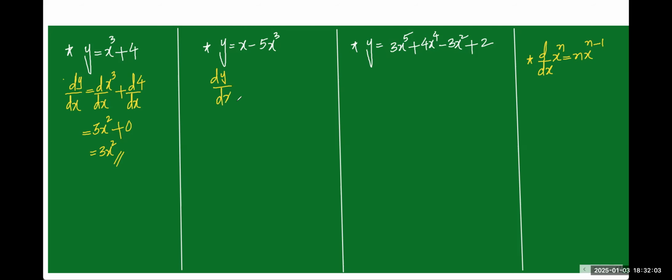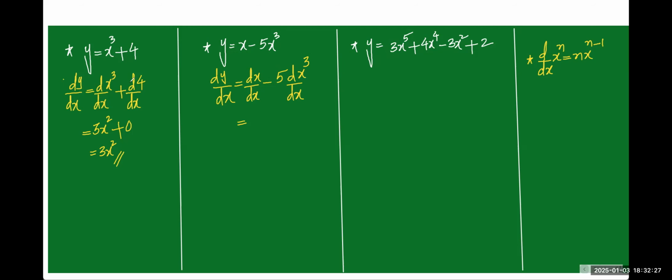dy by dx is equal to d by dx of this. x minus 5 is a constant. k into f of x form. So k outside, d by dx of x to the power of 3. Now what is the value of this?